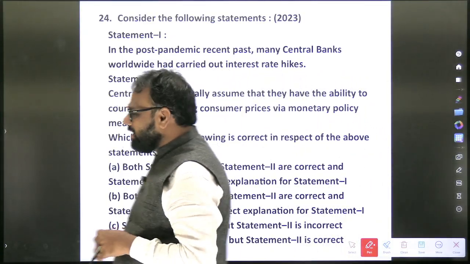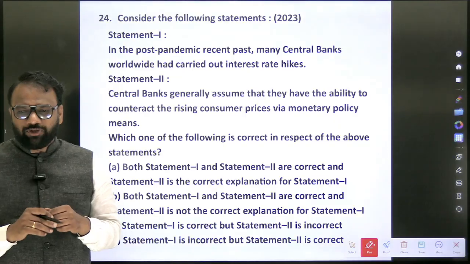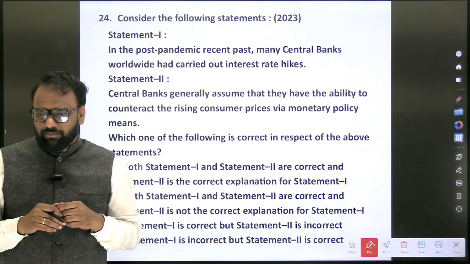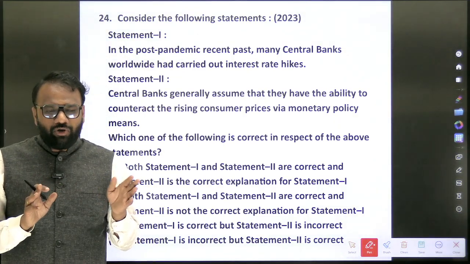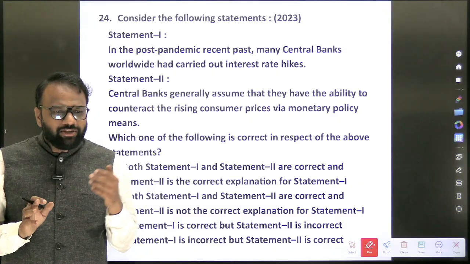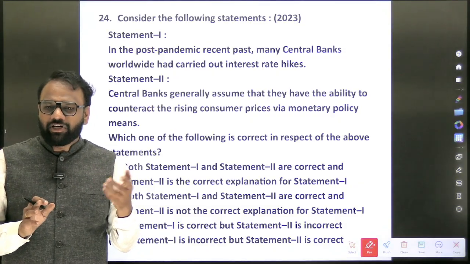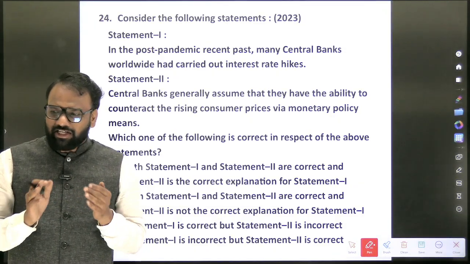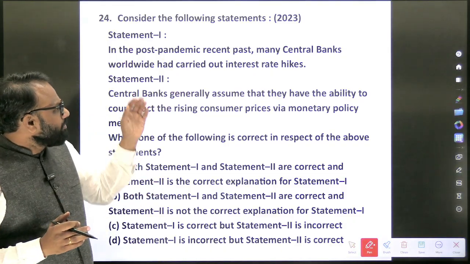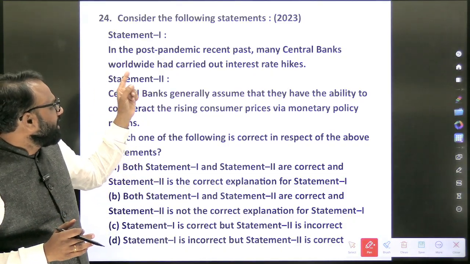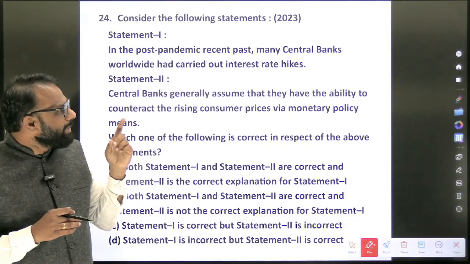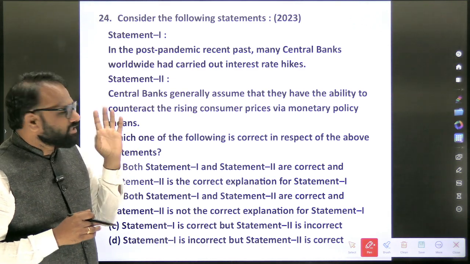This is a previous year current affairs based question. Now it does not have much relevance, because the pandemic is over and almost 4 years have elapsed, so the chances of this question repeating or any indirect question related to it appearing are very rare. We shall just understand that in the post-pandemic recent past, many central banks worldwide had carried out interest rate hikes.